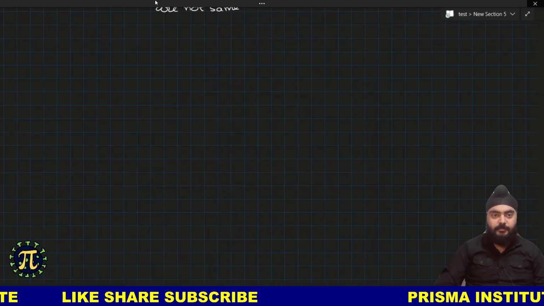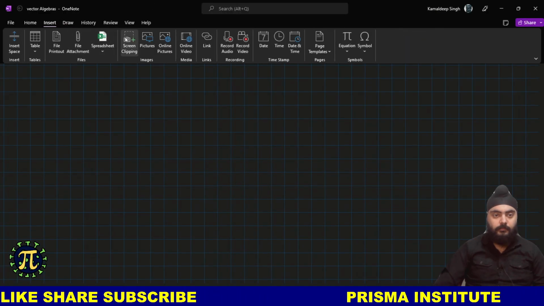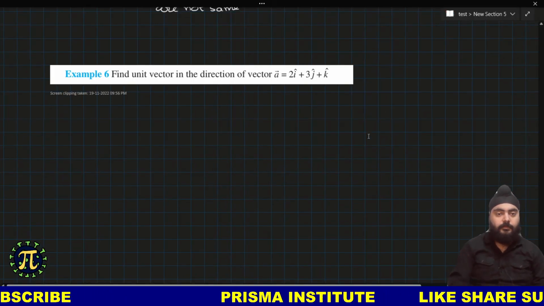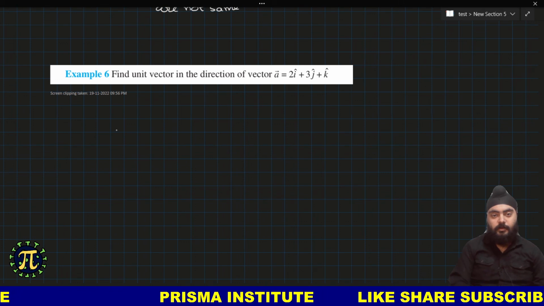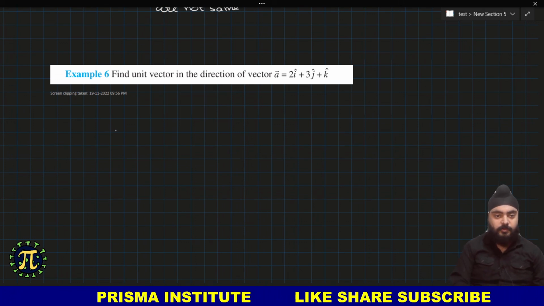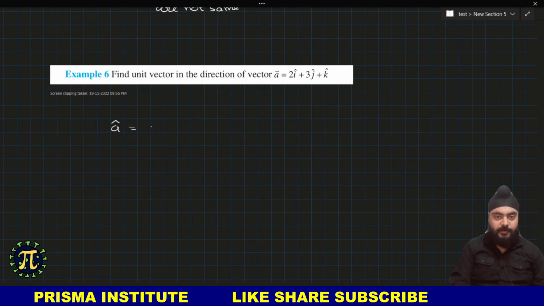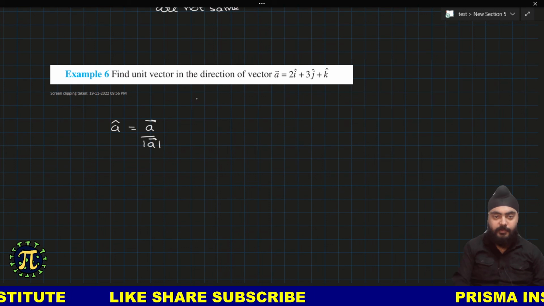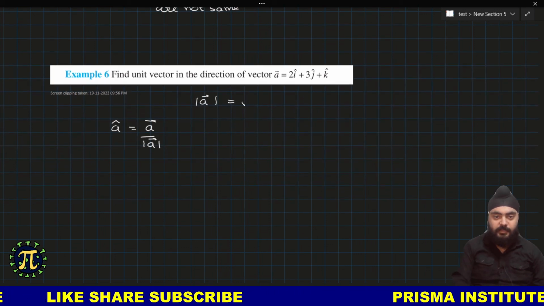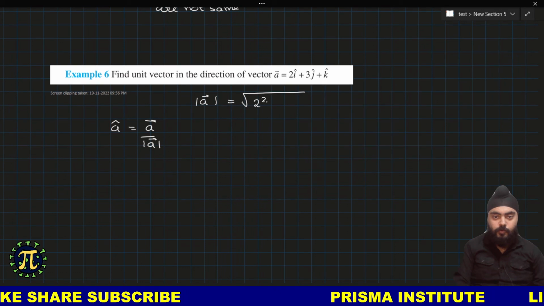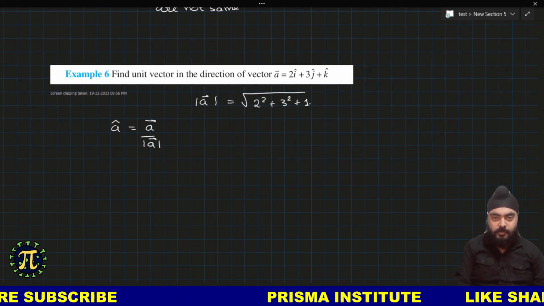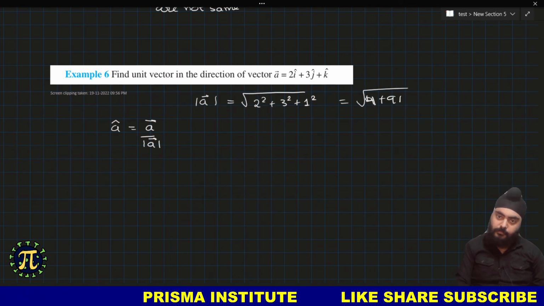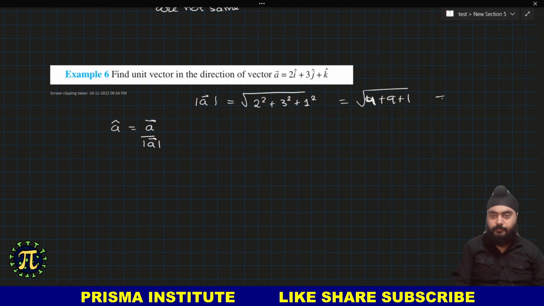Let's do example 6 here. Find the unit vector in the direction of this vector. We can find A cap, which is defined as A vector divided by modulus of A. So we need to find the magnitude of A. What is the magnitude of this A vector? It is square root of 2 square plus 3 square plus 1 square, which is 4 plus 9 plus 1, which is root 14.